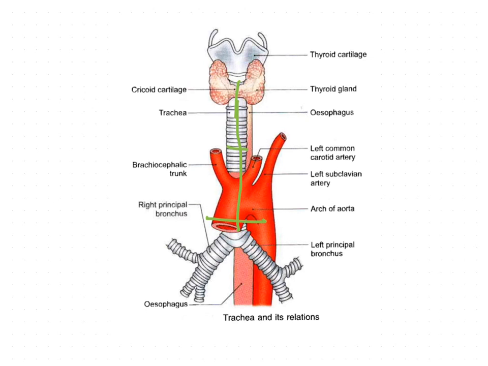Okay, and it extends from the lower border of the cricoid cartilage. So here you can see the cricoid cartilage, which is present below the thyroid gland, that is, below the isthmus of the thyroid gland.